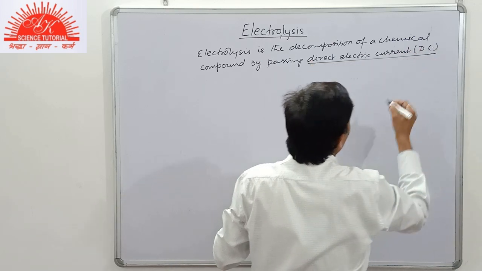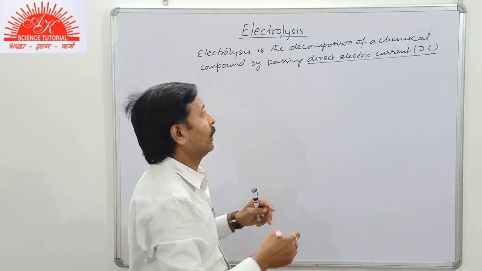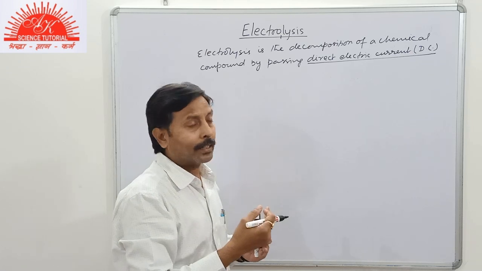The battery and other things are the source of DC current. We will not use alternating current or AC. We will discuss the reason in a later topic.